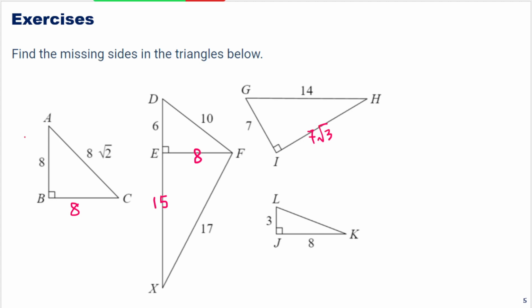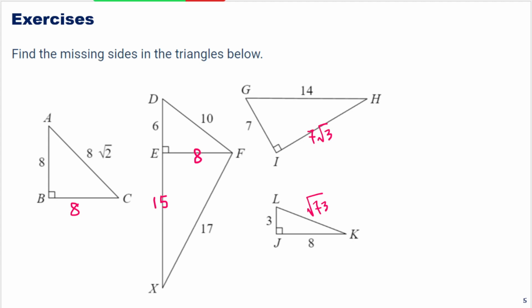For the last triangle, right triangle LKJ, we have KL squared equals LJ squared plus JK squared. So that equals 73. So KL equals square root of 73. It's a very straightforward question, right?